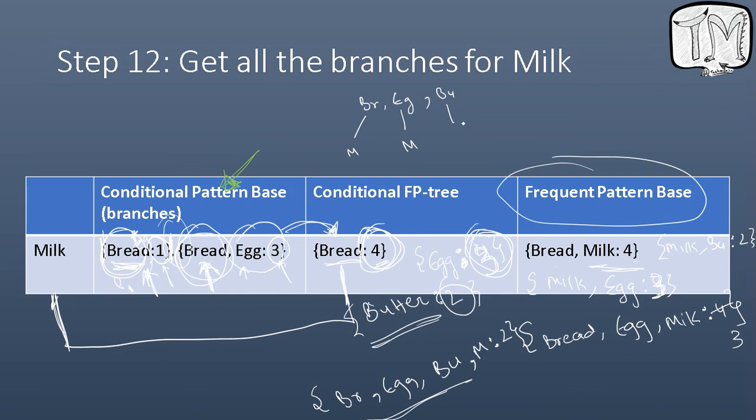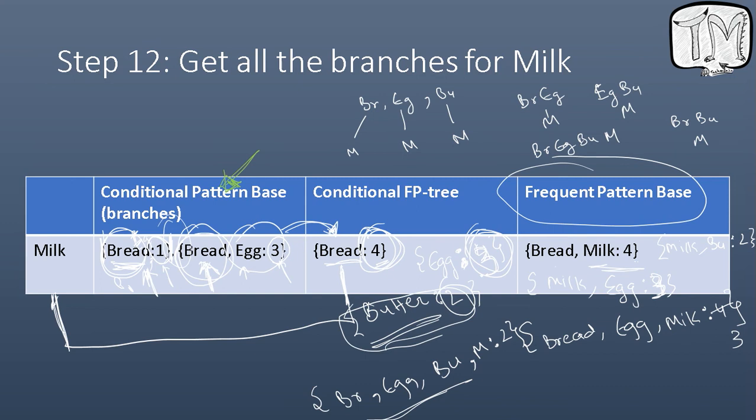We will have egg and milk. Once we will have butter and milk. Okay, next there will be more combinations: bread, egg and milk. We will have egg, butter and milk. Also we will have bread, butter and milk. And finally the last set will be bread, egg, butter and milk. Okay, so we will create our frequent pattern bases like that.